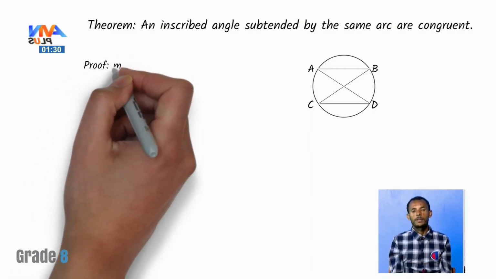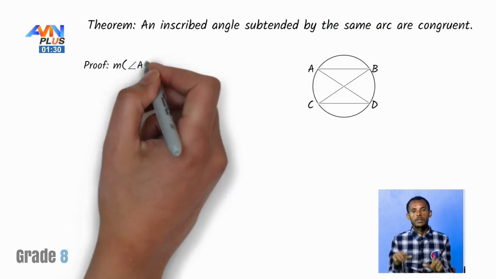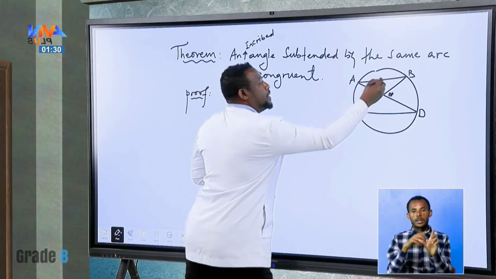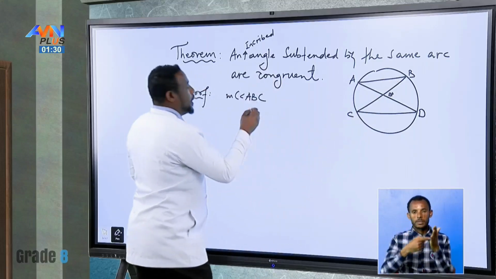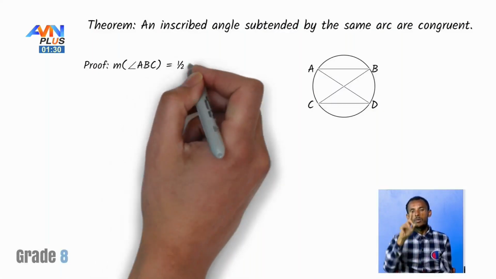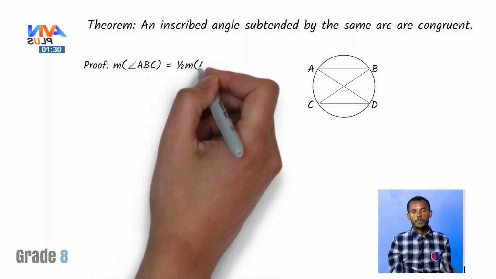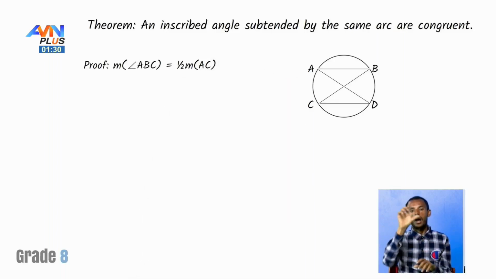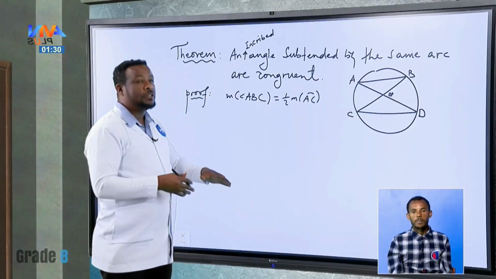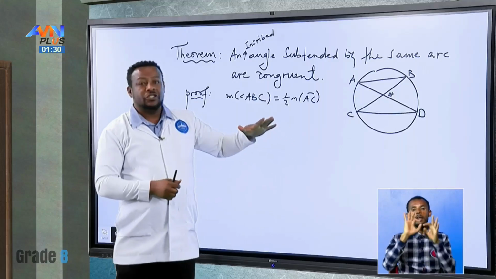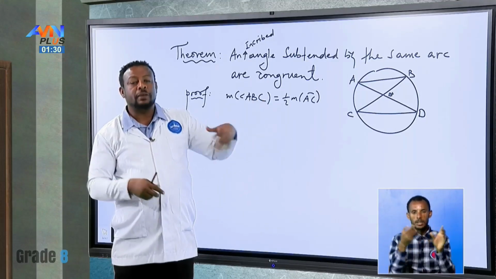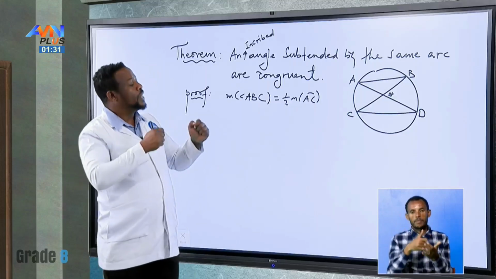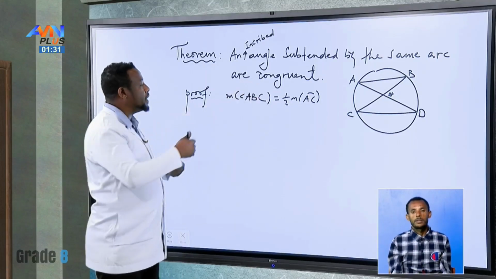The measure of angle ABC is half of the degree measure of arc AC, okay? Because by definition, the measure of an inscribed angle is half of the degree measure of the arc subtending it.